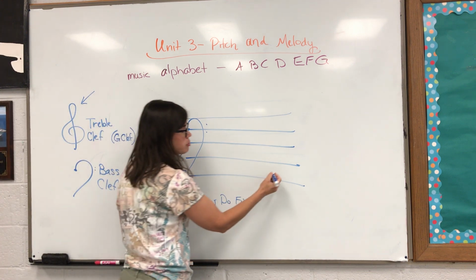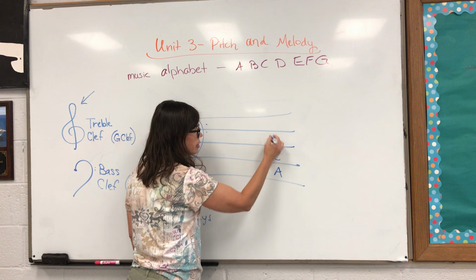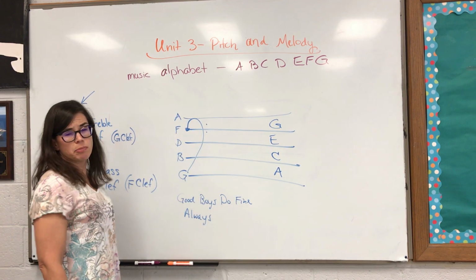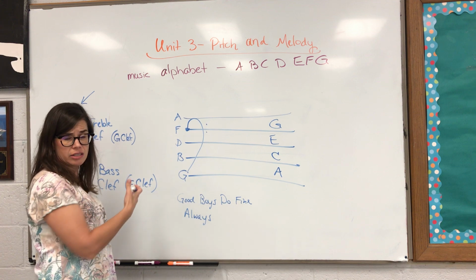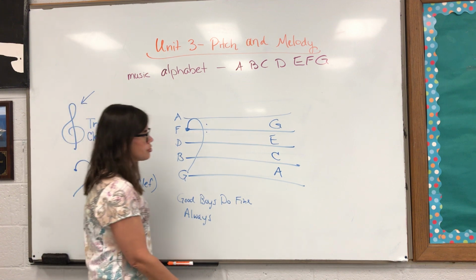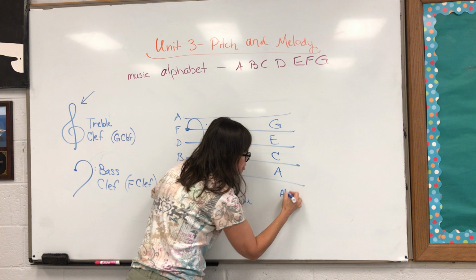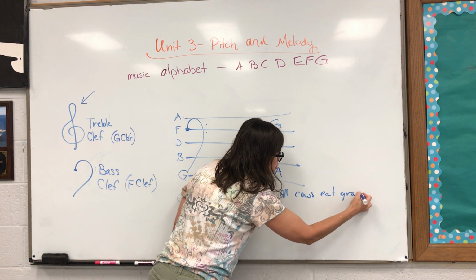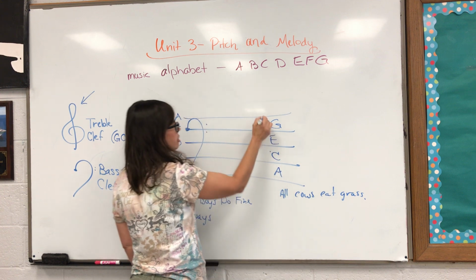Now, the letter names for the spaces of the bass clef are A, C, E, G. And that doesn't really spell a word like face does when we're in the treble clef. So we use another sentence. All cows eat grass. Okay? All cows eat grass.